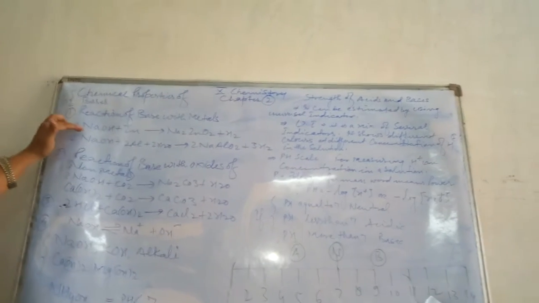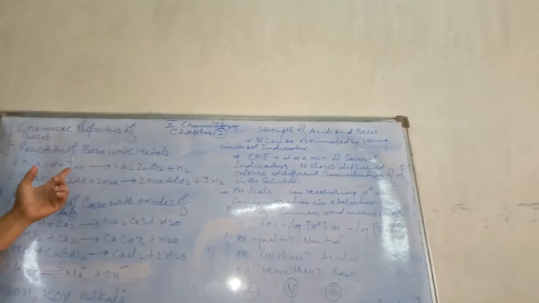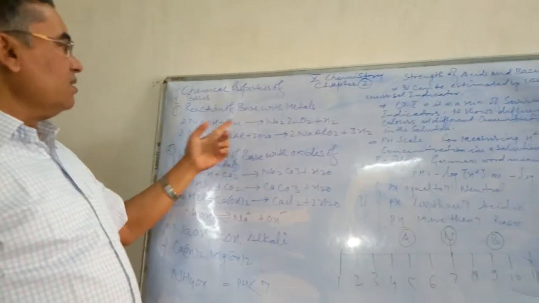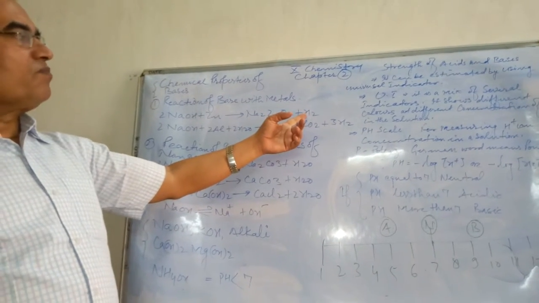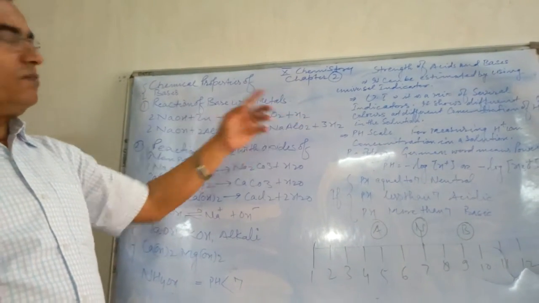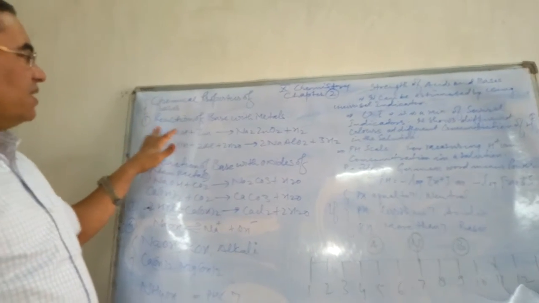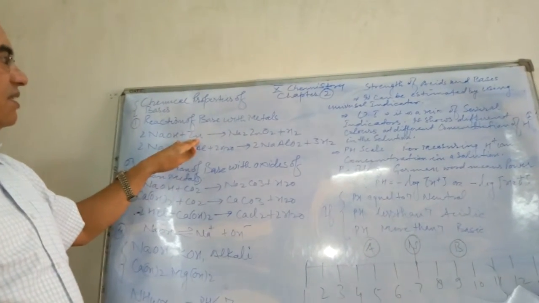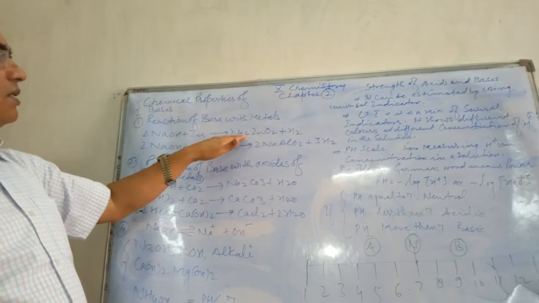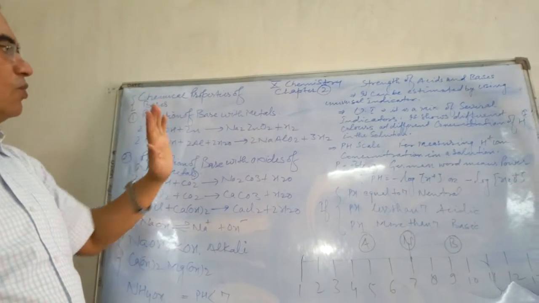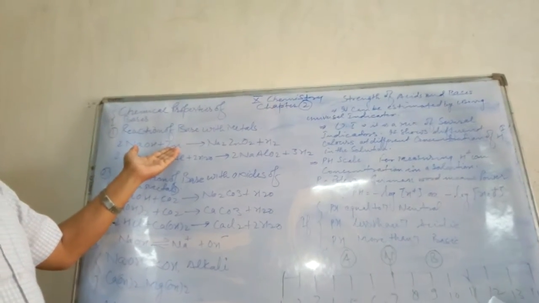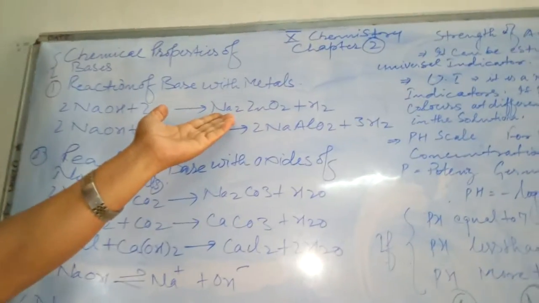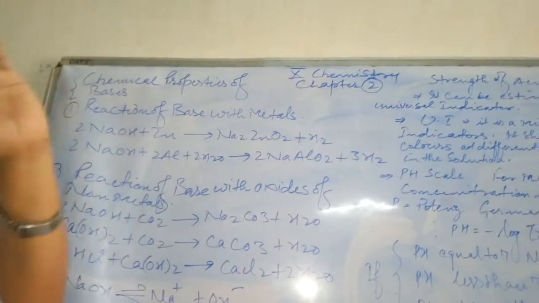Suppose sodium hydroxide, a strong base, reacts with zinc metal, then it provides a salt, sodium zincate, and hydrogen gas is removed. The reaction is 2NaOH + Zn gives Na2ZnO2 + H2. Means, very simply, a base treated with zinc metal provides sodium zincate, a salt, and hydrogen.